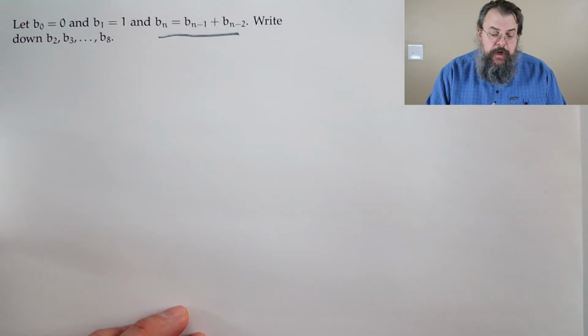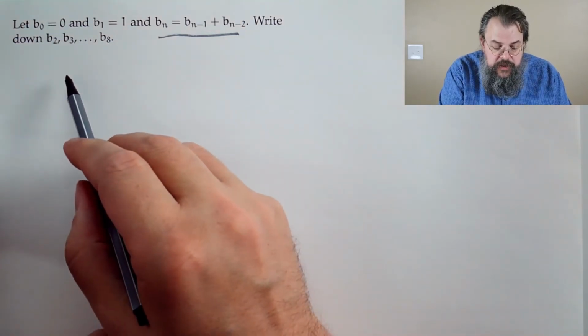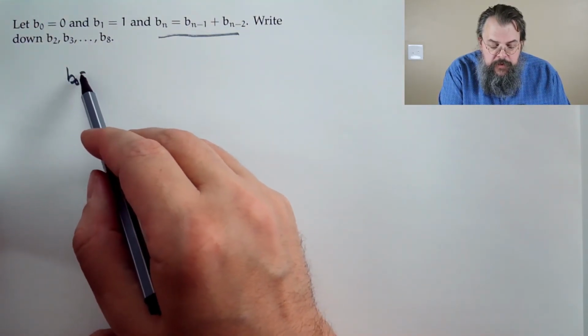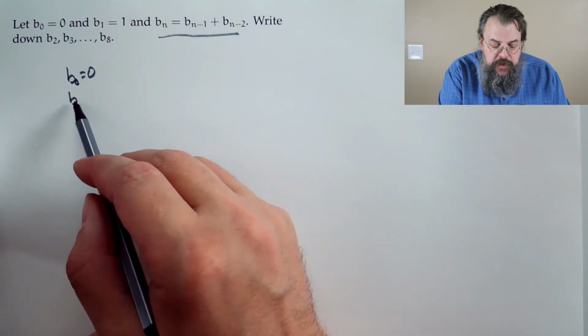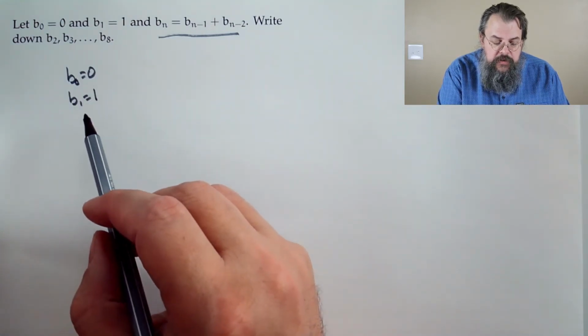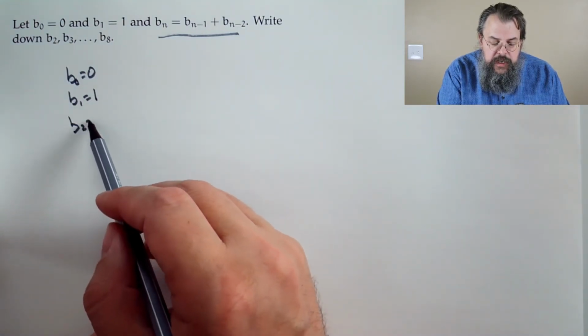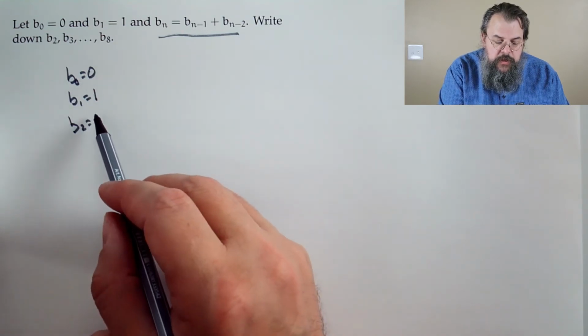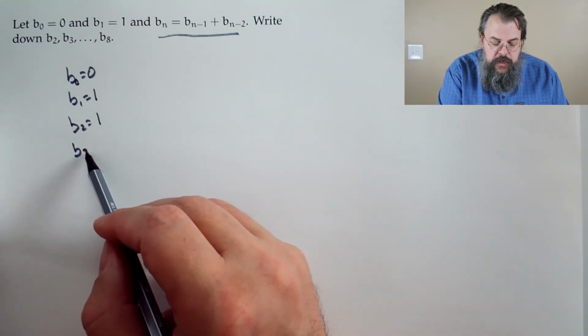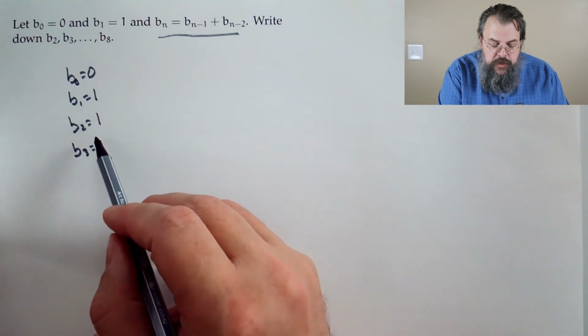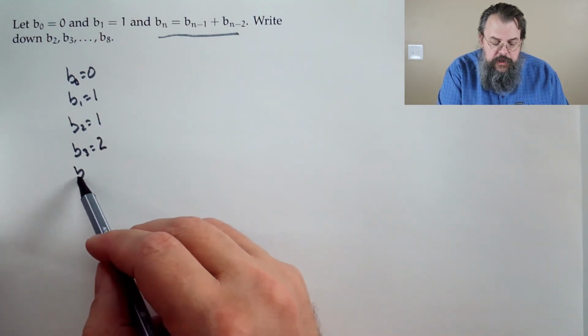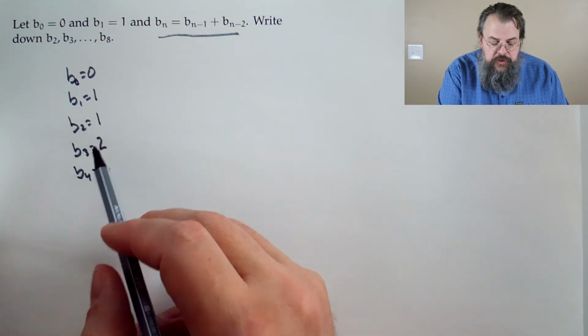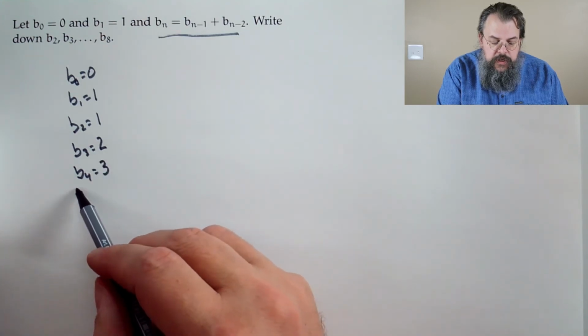All right, no problem. So the problem, once you get going, it's actually pretty straightforward, right? So you say, okay, I just add the previous 2. 0 plus 1, 1. All right. Add the previous 2. 1 plus 1, 2. Add the previous 2. 1 plus 2, 3.